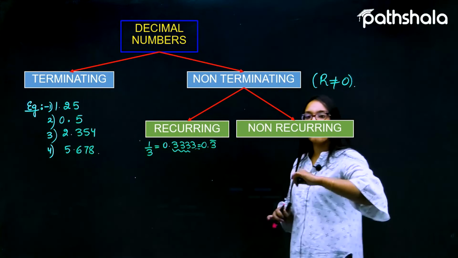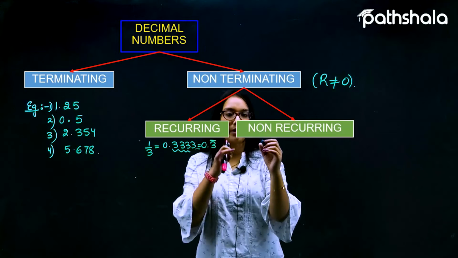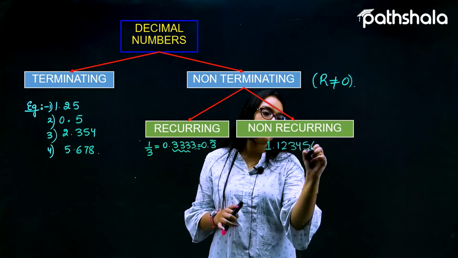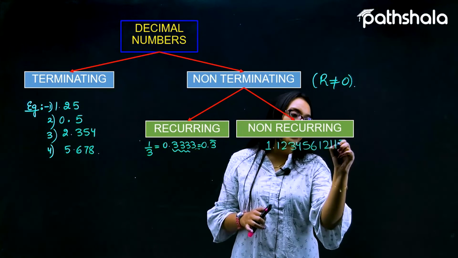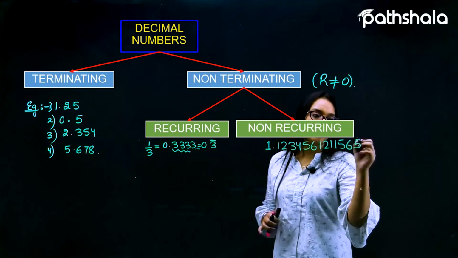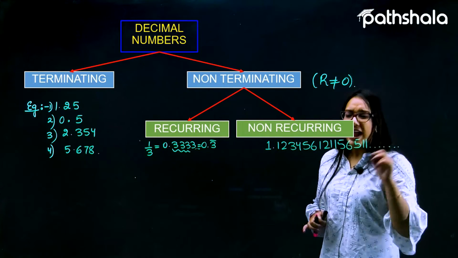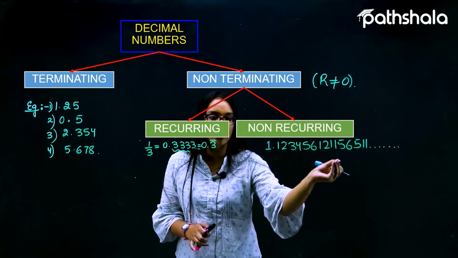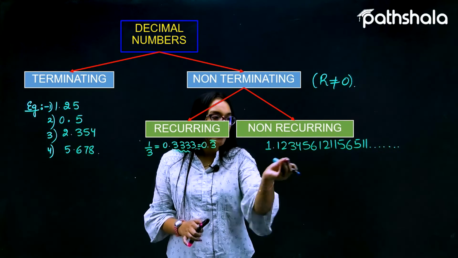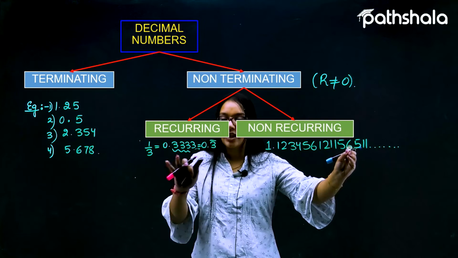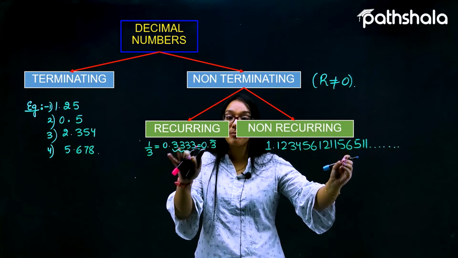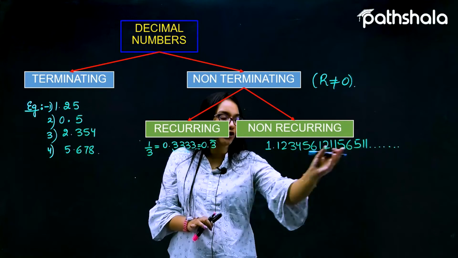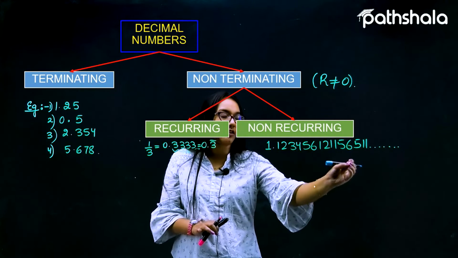Let us suppose I take 1.1234561211565 and so on. In such a representation there is no repetition of digits at all, no pattern that repeats itself again and again, unlike the earlier representation in which 3 repeats multiple times. There is no digit, pair of digits, or pattern which is repeating.